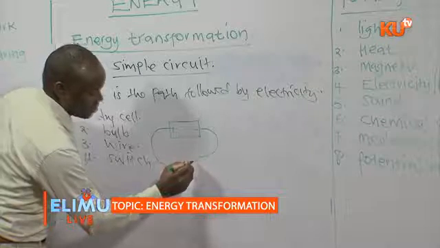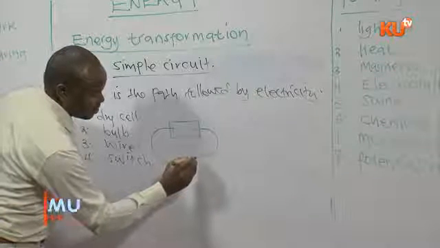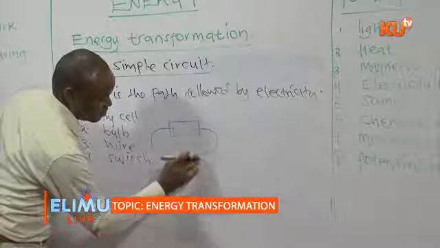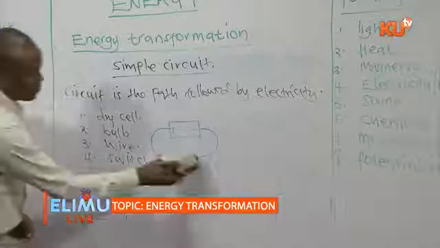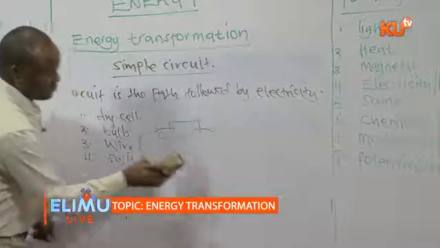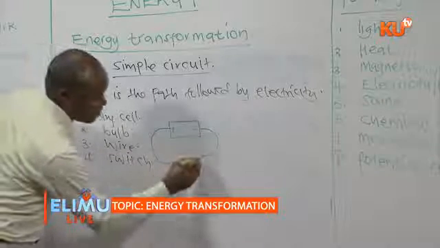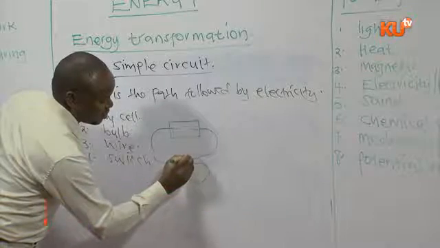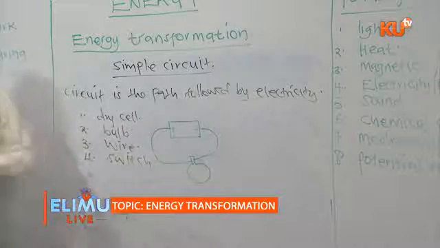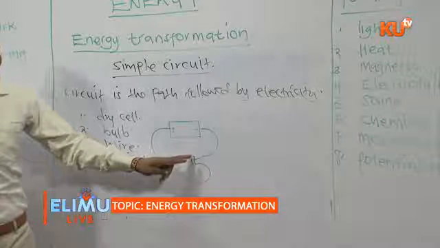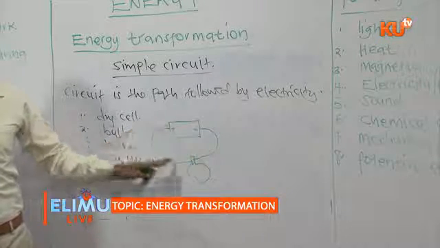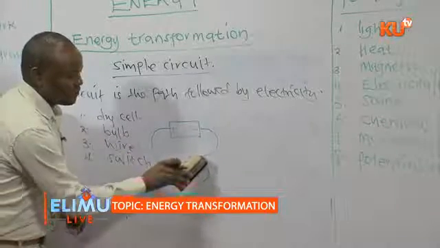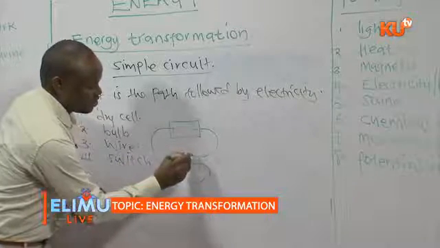Then this one is the bulb. If you check that connection of mine, it is wrong. This wire should connect into this part, and then this one connects on the other side, because the bulb also has negative and positive.